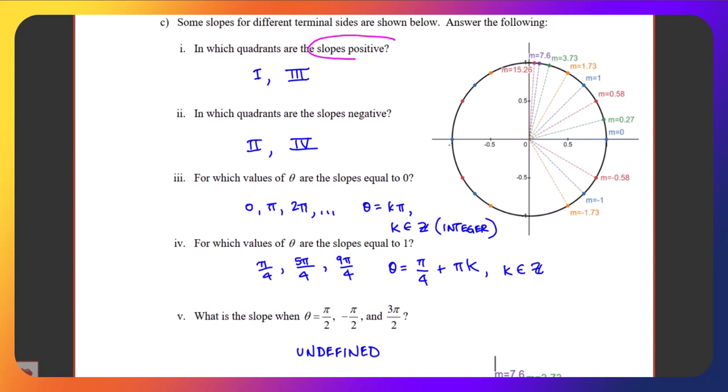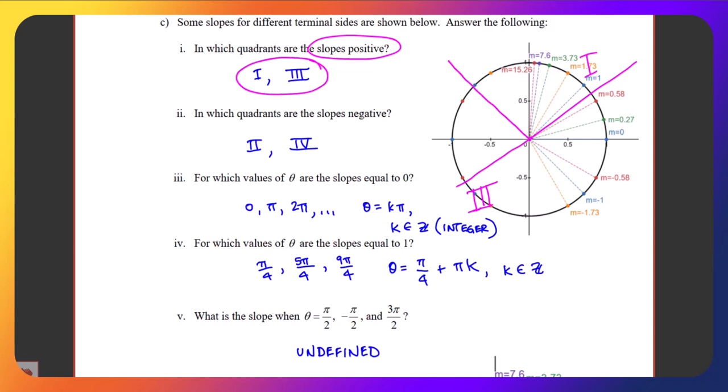When are slopes positive? Well, if I go into the first quadrant, x is positive and y is positive. If I go into the third quadrant, y is negative and x is negative, but the ratio is still positive. So in quadrants 1 and 3, the slopes are positive.